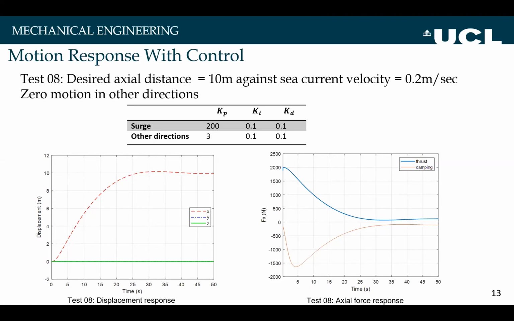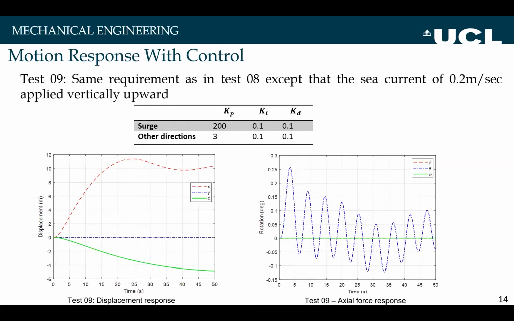Okay. So then they were reducing as the system approached the desired location. In test 9, the same requirement as in test 8 was set for the sea current, that is 0.2 meter per second, but now it is applied in the vertically upward direction.